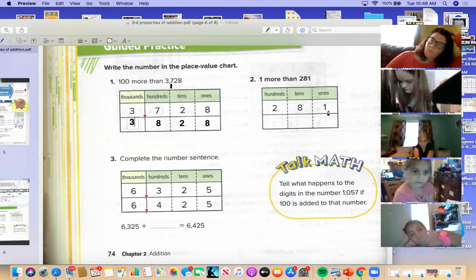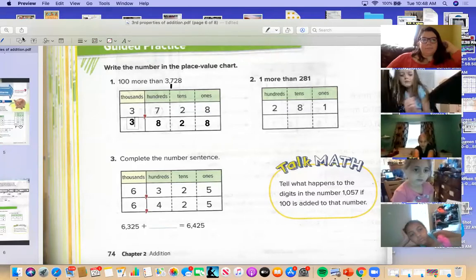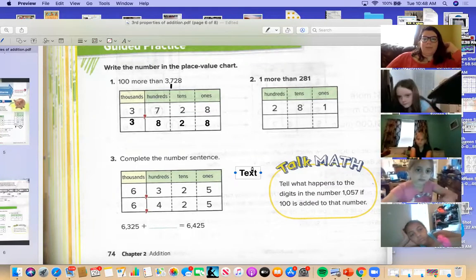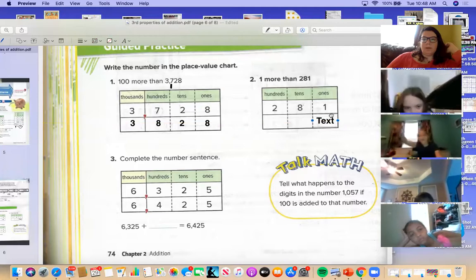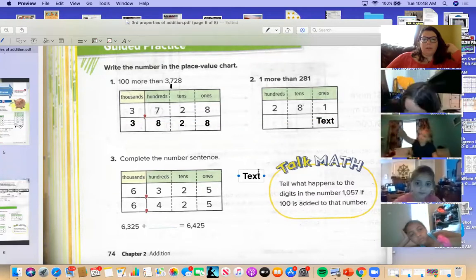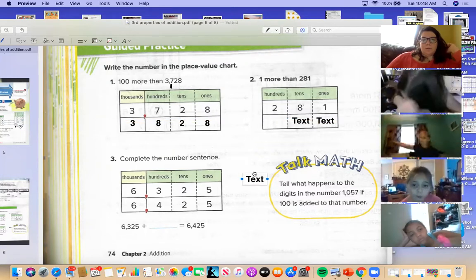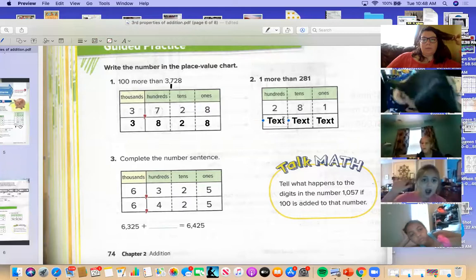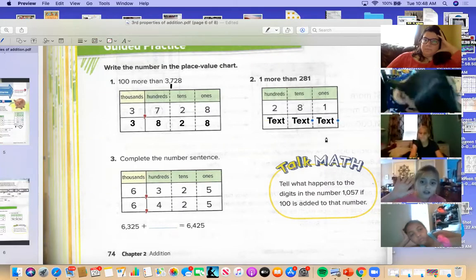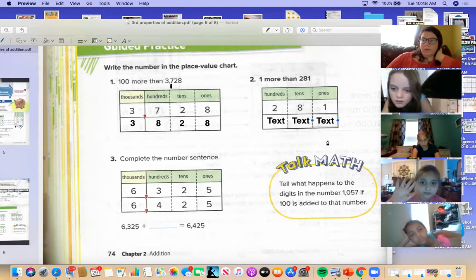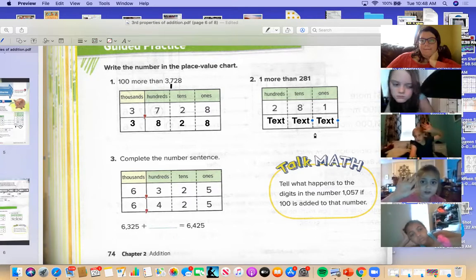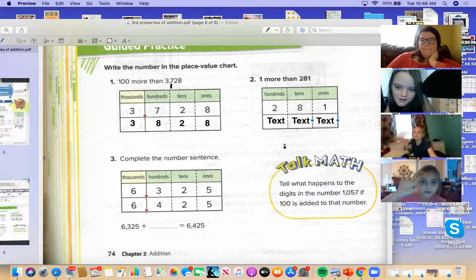Okay. One more than 281. What would that be? Anybody want to tell me the whole number? What would the new number be? One more than 281. Heidi, go ahead. What's one more than 281? You with us? What's one more than 281, Heidi?